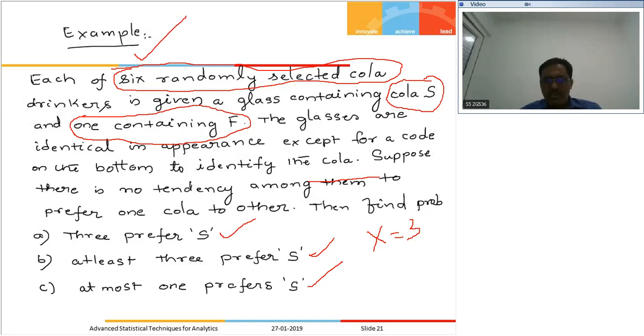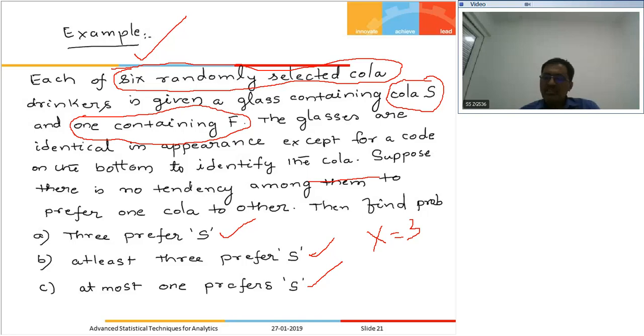First problem X value is 3, second one is at least 3, third one is at most 1. What is another parameter we need? P, right? What is P here? P stands for the probability of getting a glass containing cola S. What is that value? Any guess?